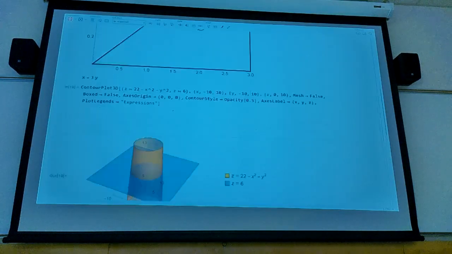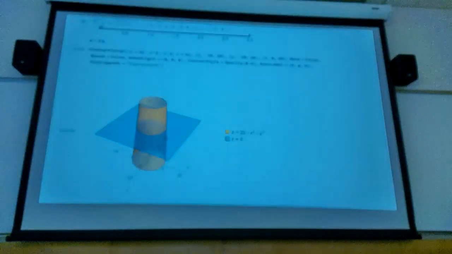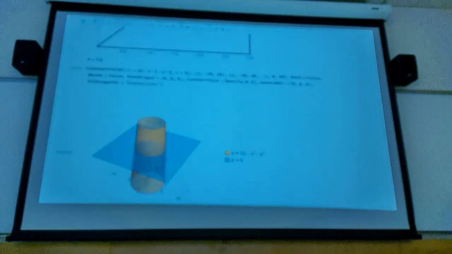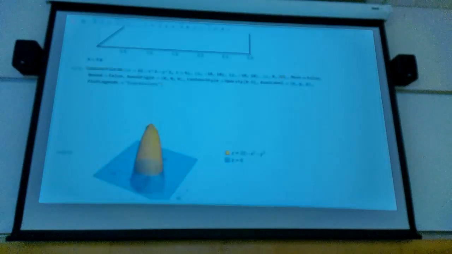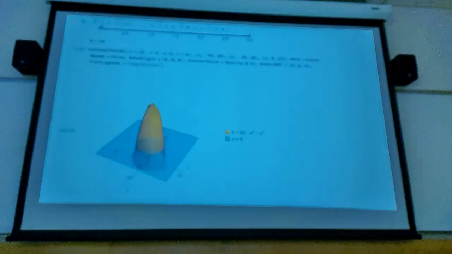Yeah, definitely go high enough on the Z, so let's up the Z to, what, 15? That's fine. No, it's still not high enough. I think I have to go up to 22. I could actually lower the X and Y. I think I'll do that, minus 5 to 5.